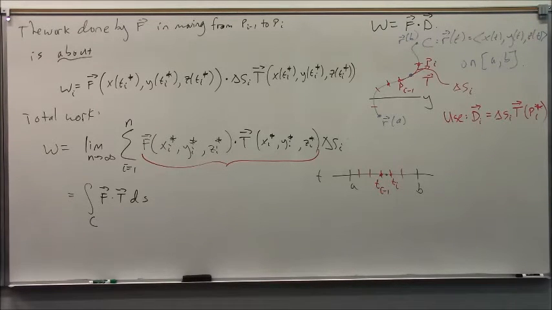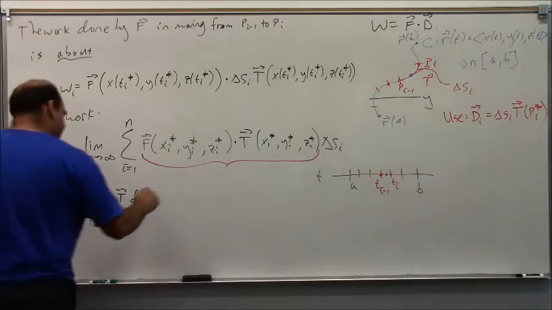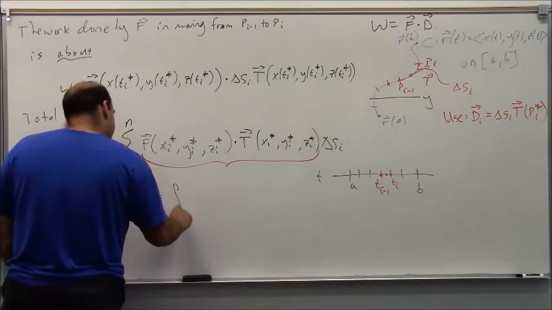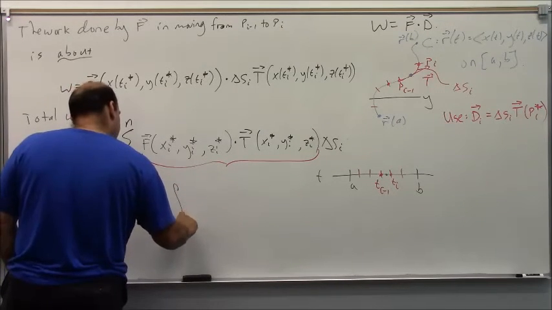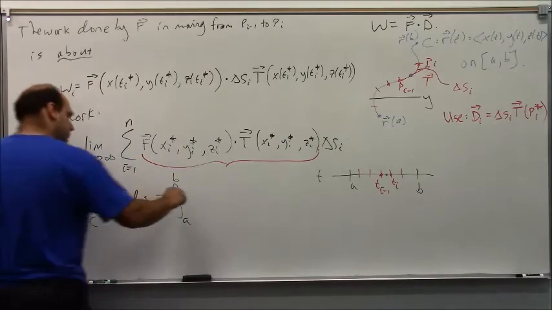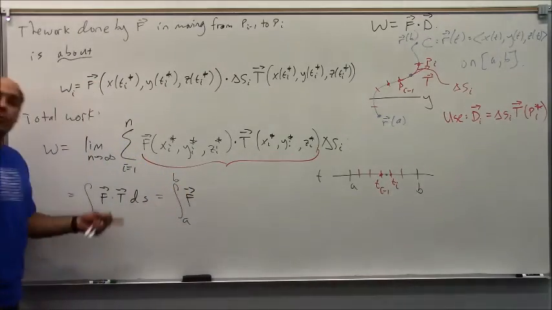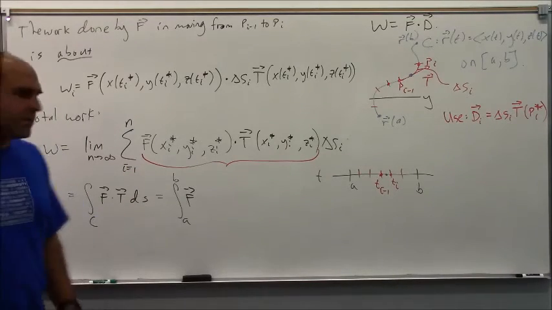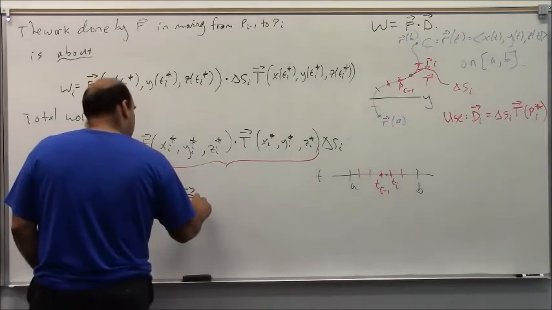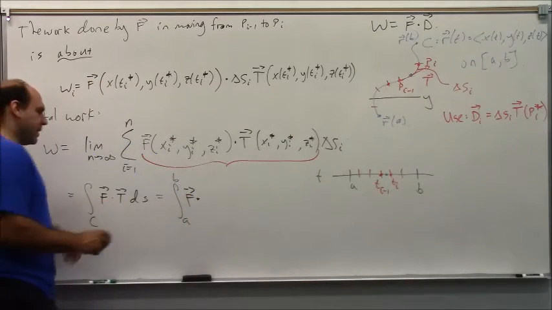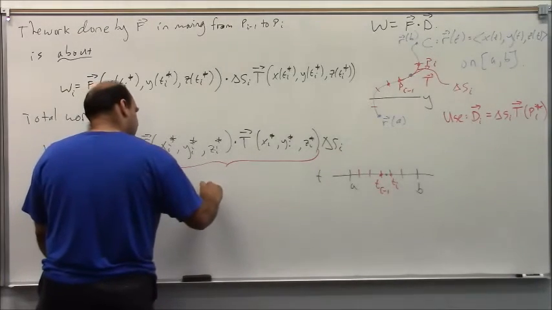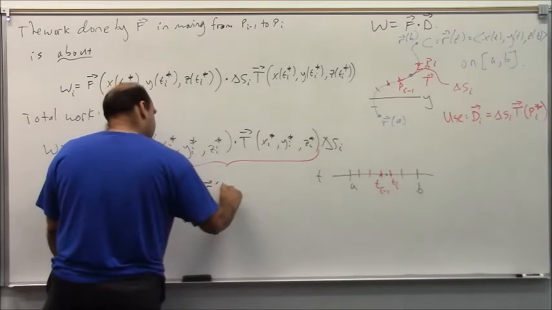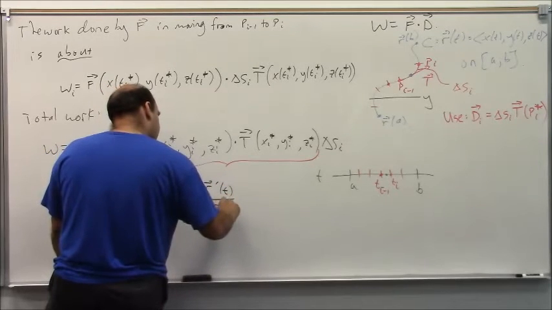This is a complicated thing. Let's see if we can simplify it a little bit. This will be the integral from a to b. We know how to do path integrals of scalar functions. I'm going to trade in the ds for the magnitude of r prime of t dt. While I'm at it, this T is r prime of t over the magnitude of r prime of t.